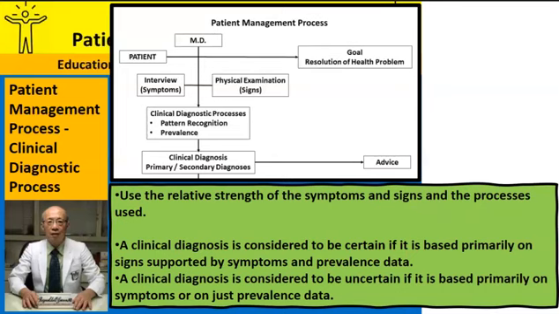A clinical diagnosis is considered to be certain if it is based primarily on signs supported by symptoms and prevalence data. A clinical diagnosis is considered to be uncertain if it is based primarily on symptoms or on just prevalence data.